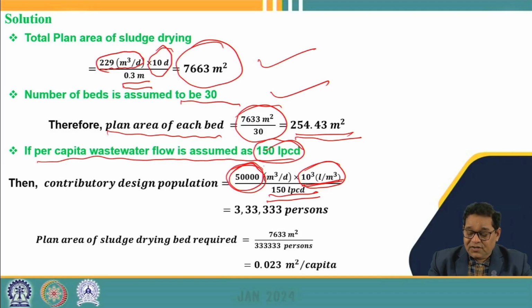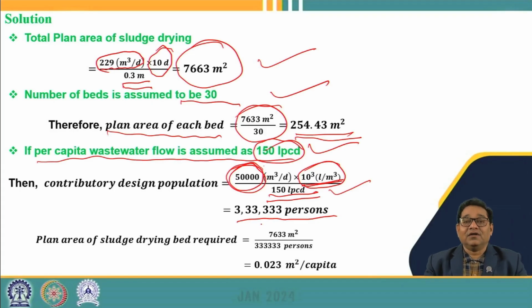So this much liter per day is generated, and if we divide by the per capita water generation rate, that is 150 liter per capita per day, we can find out how much population is being served by this wastewater treatment plant. So here it comes 3,33,333 persons.